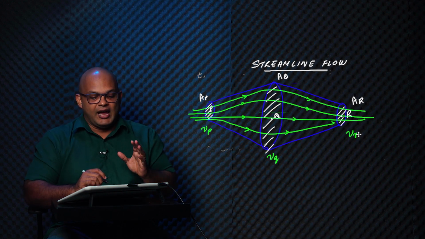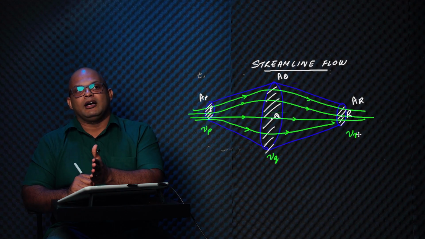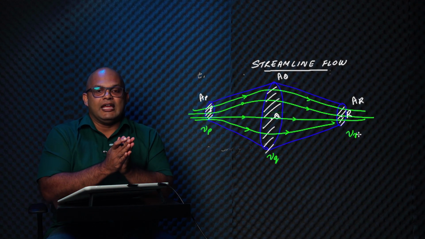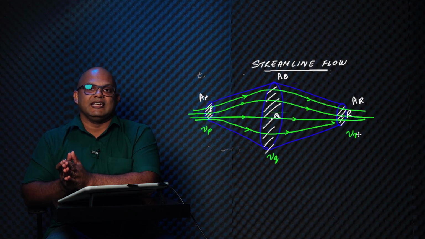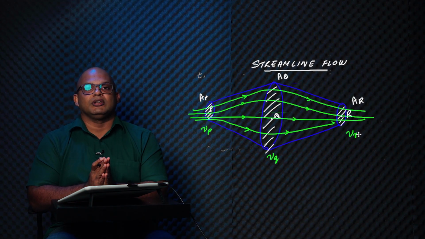In other words, as the water is traveling between the points AP, AQ and AR, the velocities could be changing, but the velocities at AP, AQ and AR would always remain the same. In other words, the velocity map for this flow of water would remain constant with time.